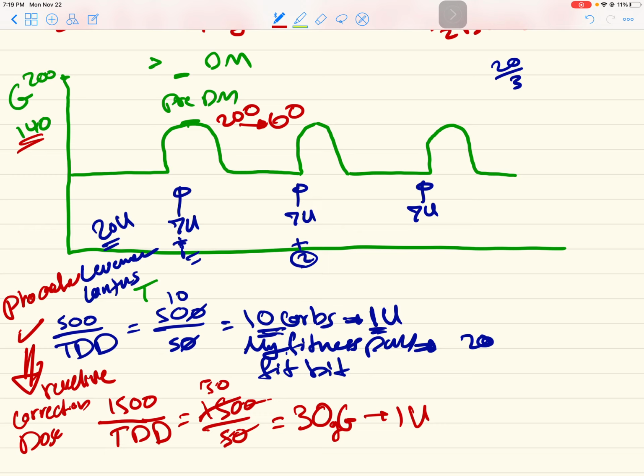If it's below 140, it's okay. If it's more than 140, that's a problem. So for 60 grams, for every 30 grams we give 1 unit, so we give 2 extra units. And this way you can keep glucose under 140.